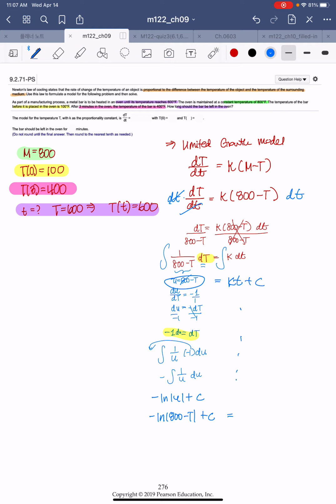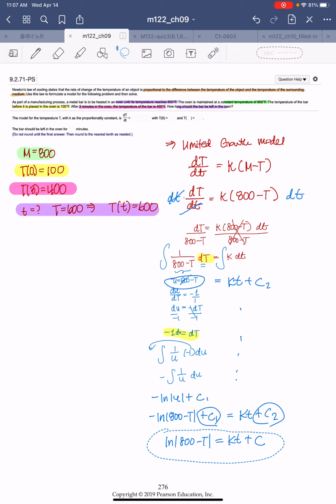So on the right-hand side, let me do C1 and C2. kt plus C2. So we need to solve for T. These two I can combine into one. So negative ln 800 minus T equals kt plus big C. Let's copy and then move on to the next page.